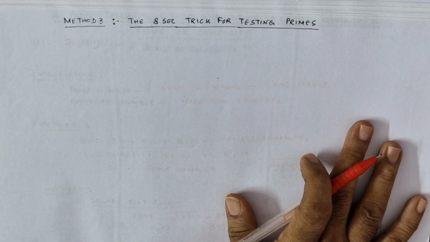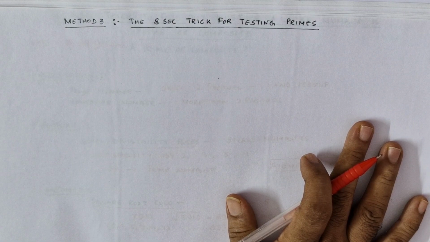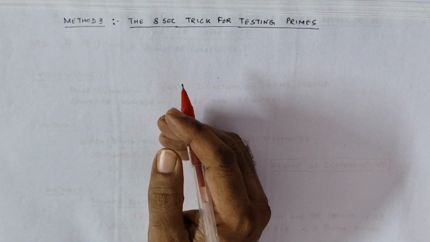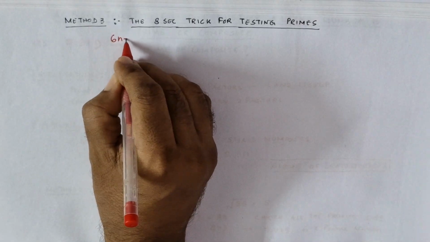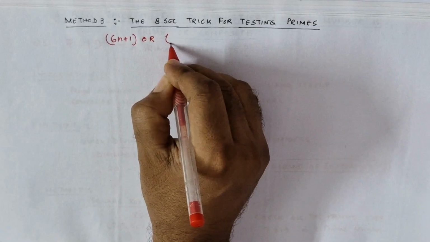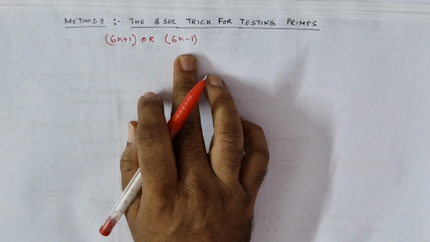The 8-second trick for testing primes. Let's go step by step, then we'll do it in 8 seconds. For testing primes, we'll use 6n plus 1 or 6n minus 1, where n is a natural number.